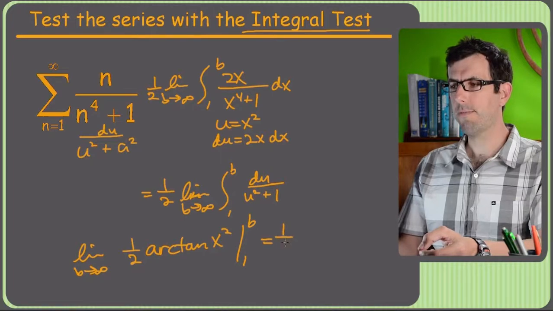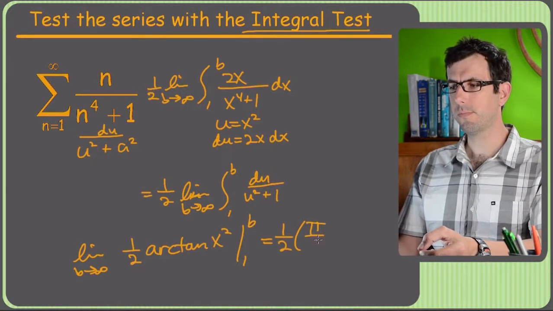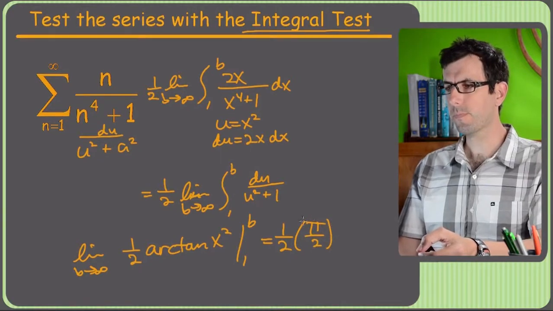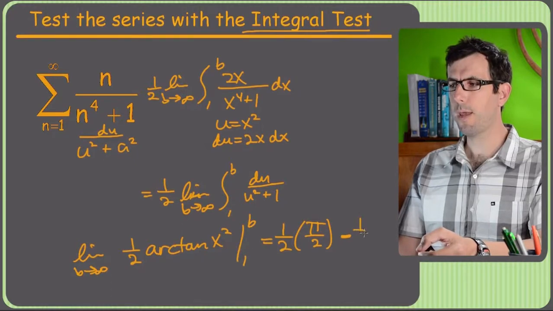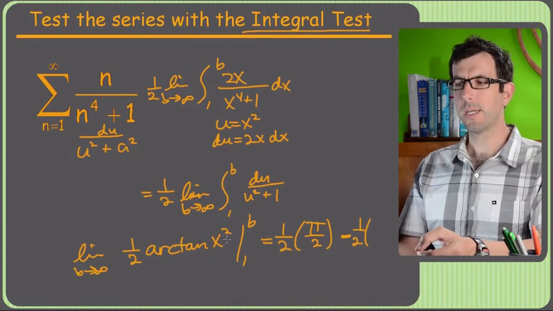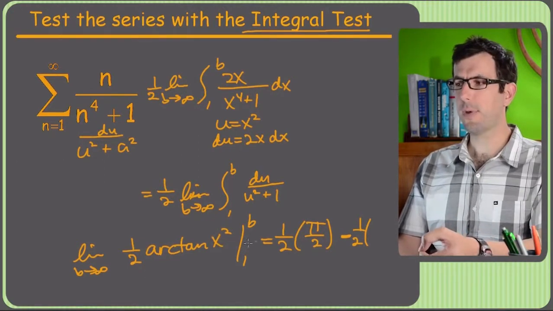So we've got 1/2. So we plug in infinity, we get pi over 2. And then for when we plug in 1, we've got 1/2 times, what's the arctangent of 1? 1 squared is 1, and the angle that has 1 as its tangent is pi over 4.